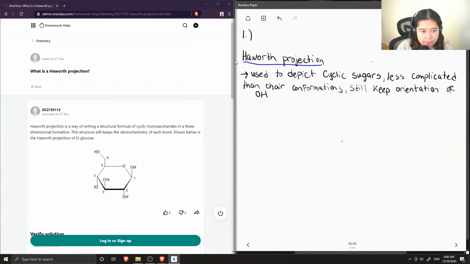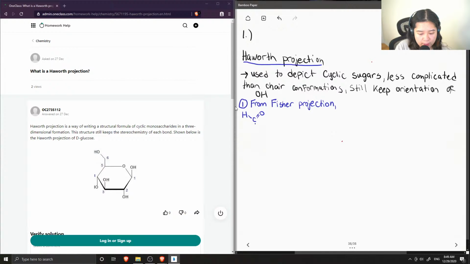Okay, so I'll have an example of how to convert a Fischer projection to a Haworth projection. So from a Fischer projection, I'll just draw the starting Fischer projection.